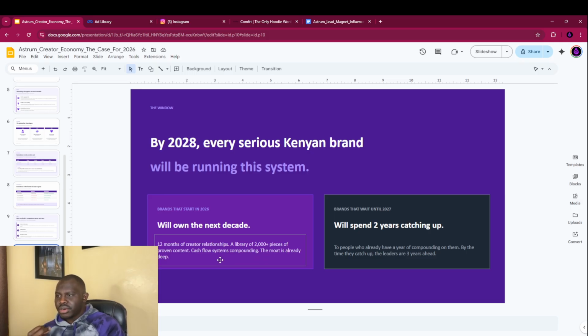The moat is already deep. Brands that wait until 2027 will spend 2 years catching up to people who already have a year of compounding under them. By the time they catch up, the leaders are 3 years ahead.